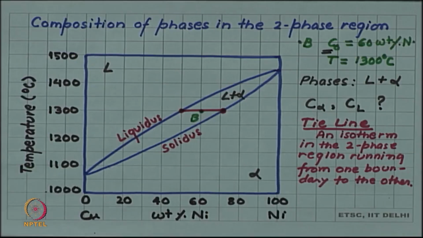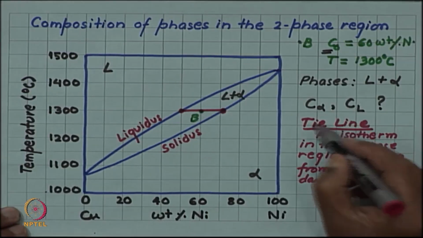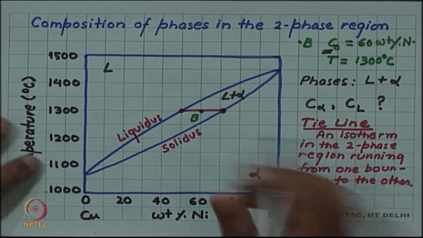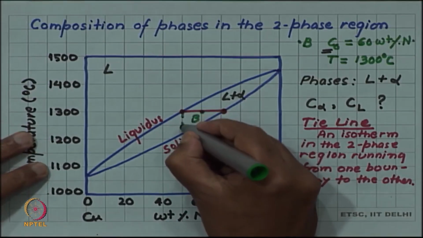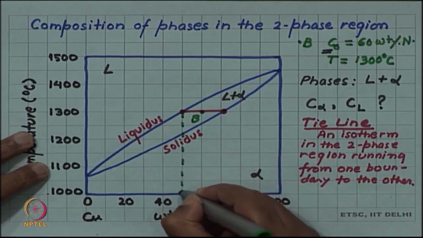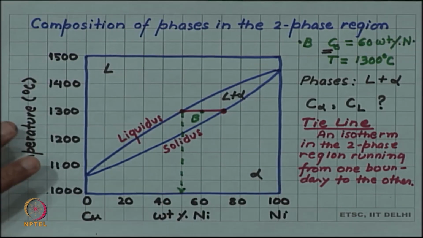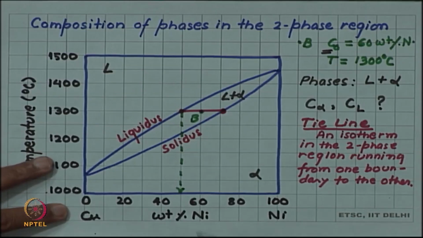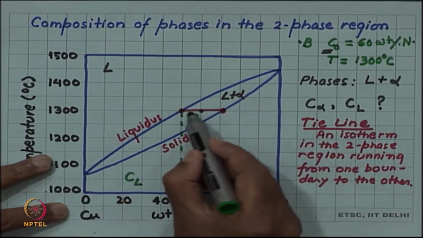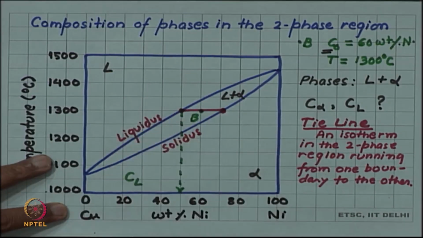Now, the two compositions which I am looking at, C alpha and C liquid, can be directly read as the x components, the composition values of these two endpoints. So, if I come here, I find that I am at 50 weight percent nickel, and this is the value of C liquid, because this point is on the liquid side.